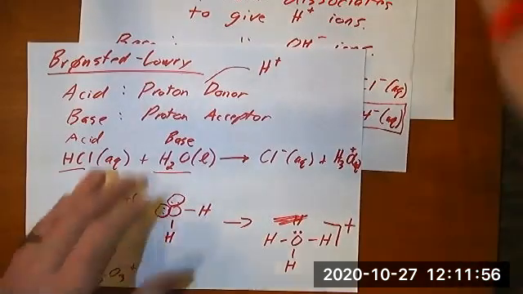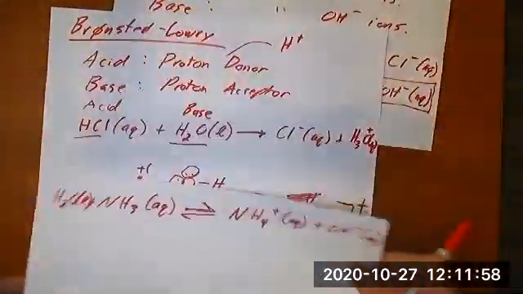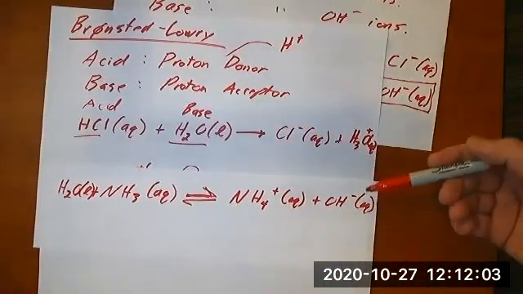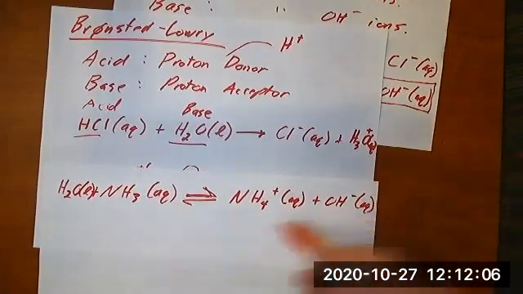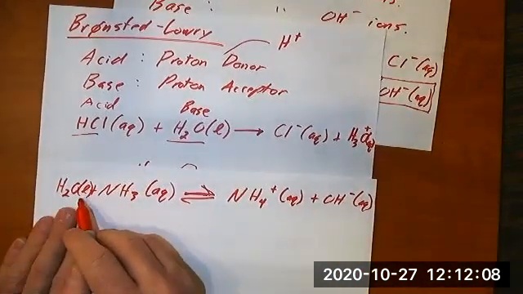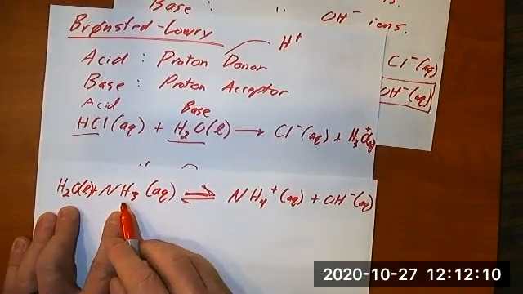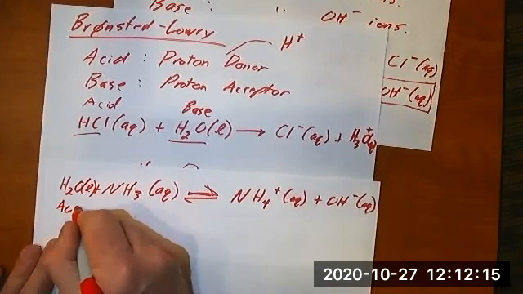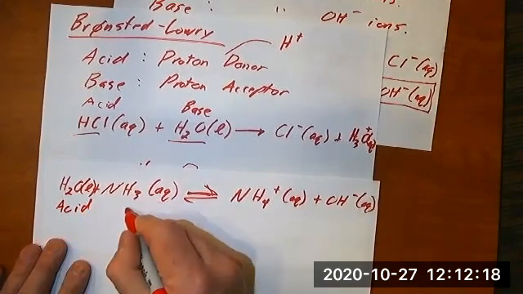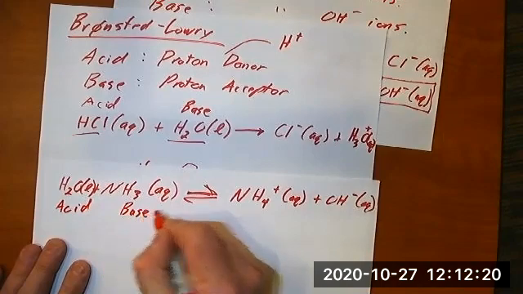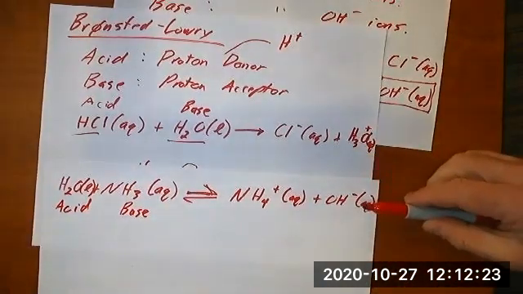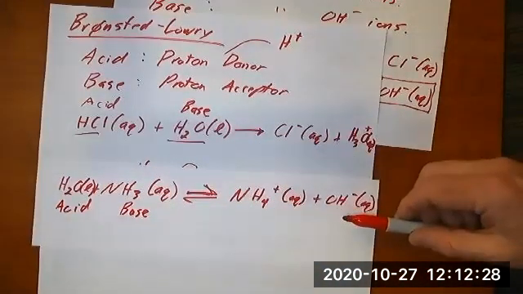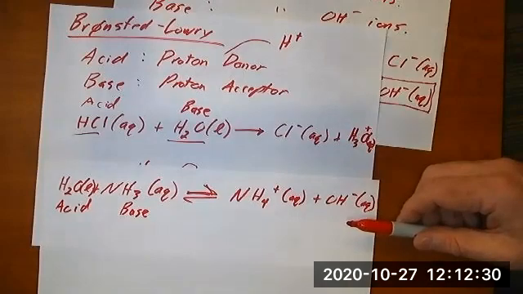And that's important to notice because if we look back up here at this formula we looked at a moment ago, where the Arrhenius definition didn't allow us to call this a base, we have the water donating a proton to the ammonia, and so the water is acting as a Bronsted-Lowry acid, and the ammonia is acting as a Bronsted-Lowry base. And so we are able, within the Bronsted-Lowry definitions, to account for this kind of behavior, whereas in the Arrhenius definition we couldn't.